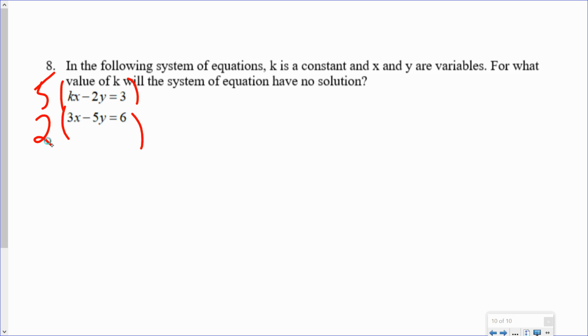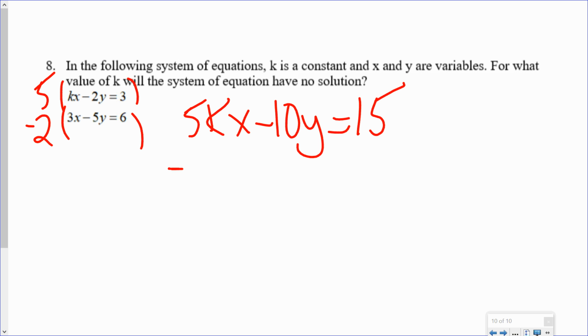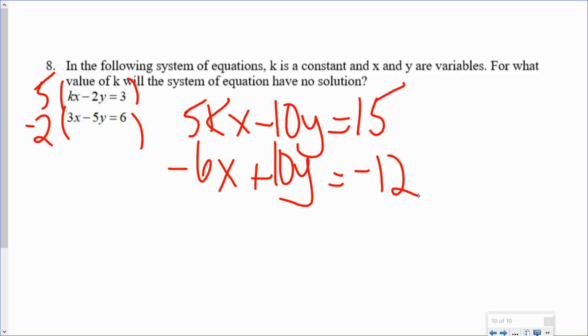5, 2. Right now they're the same sign, so I make one of them negative. So I get 5kx minus 10y equals 15. I get negative 6x plus 10y equals negative 12. So in order for these to cancel, basically these are going to need to cancel.